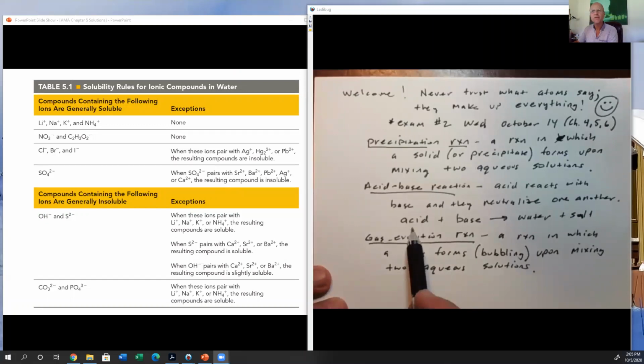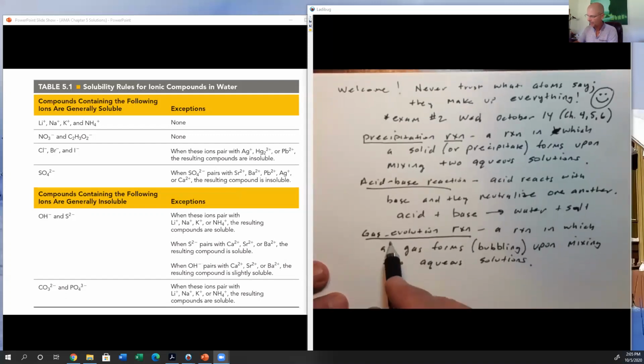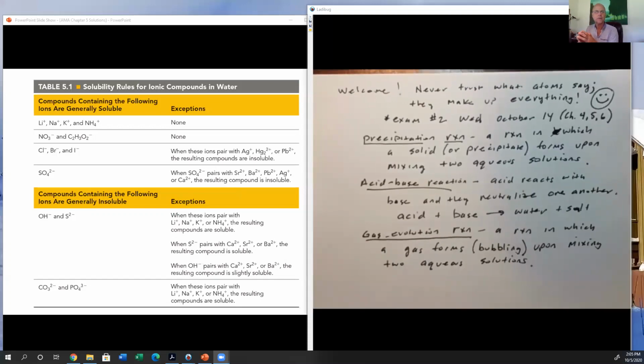The general form is acid plus base produces water plus a salt. The last one is the gas evolution reaction, where a gas forms upon mixing two solutions. You already saw a video on them, so you have an overview, but I'd like to go over it, and we'll do some examples of each one.